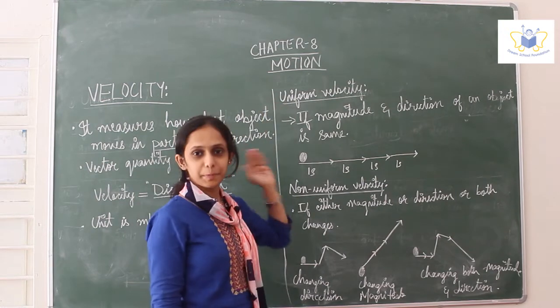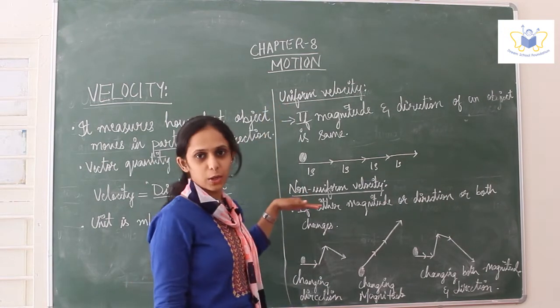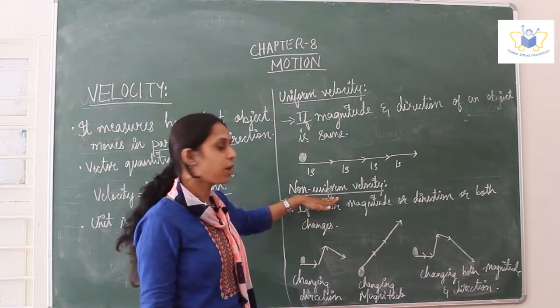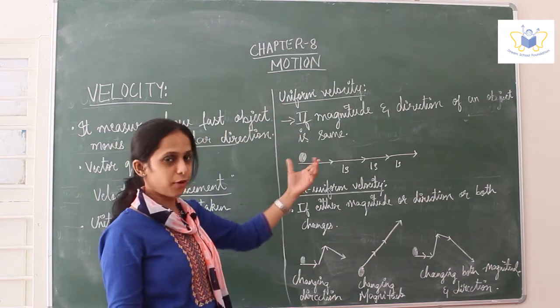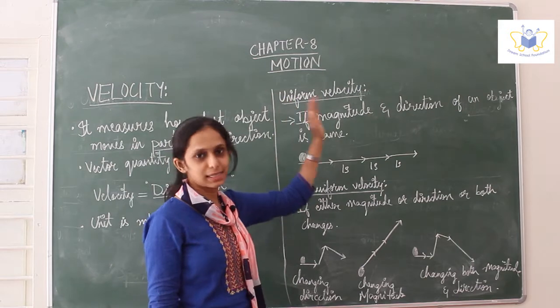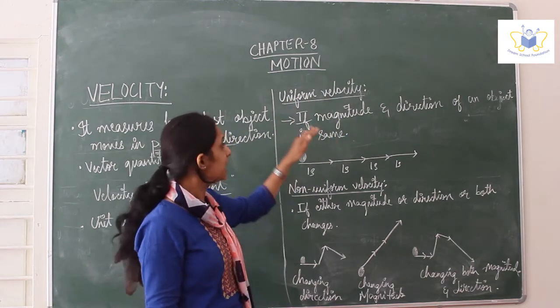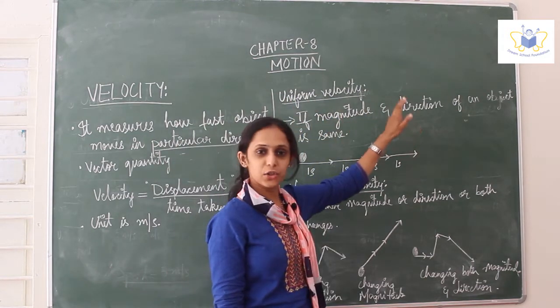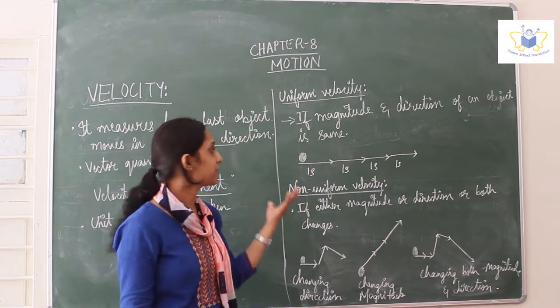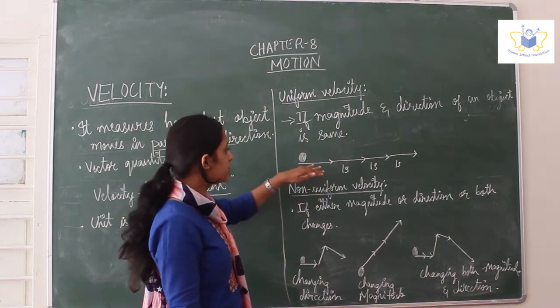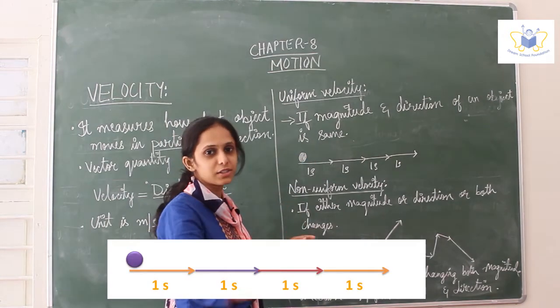Just like speed, we have two types of velocity, uniform velocity and non-uniform velocity. I hope you are clear with the definition of uniform and non-uniform. Uniform means same. Similarly, in velocity, if the magnitude and direction of an object both are same, it is a uniform velocity. Assume a ball is rolled on a straight floor.